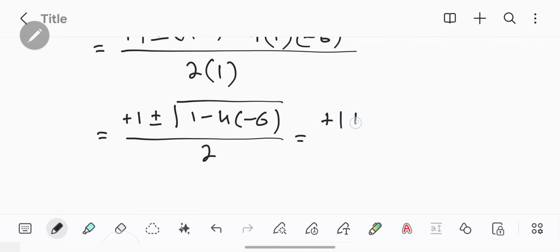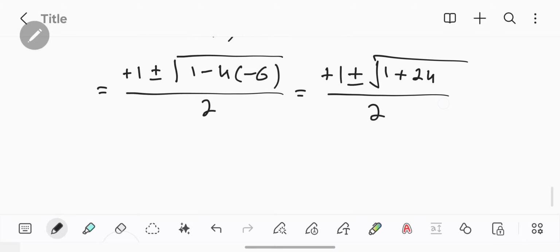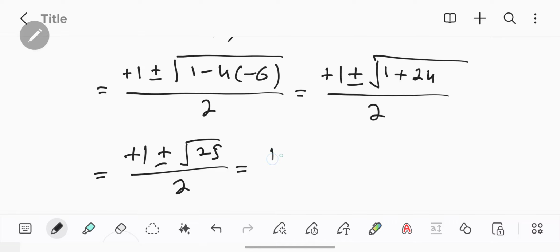Again plus 1 plus minus, now I multiply minus 4 with minus 6, I will get plus 24, over 2. Then 24 plus 1 is 25, divided by 2. So 1 plus minus square root of 25, which is 5, divided by 2.